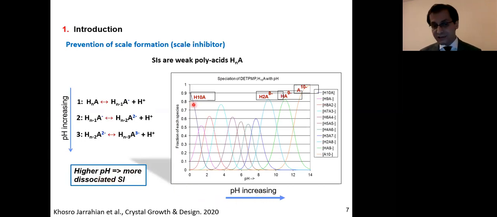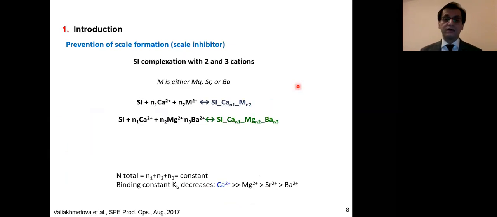As you can see in the figure, as pH is increased, the amount of dissociation of scale inhibitor also increases. And if the scale inhibitor is dissociated, it can interact with divalent cations like magnesium, strontium, barium, or particularly calcium, and it can precipitate out.